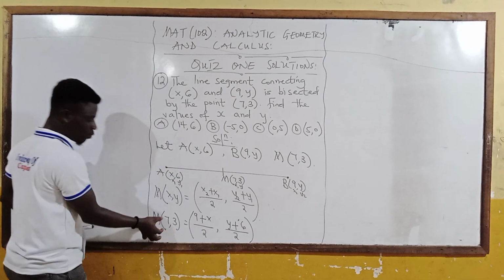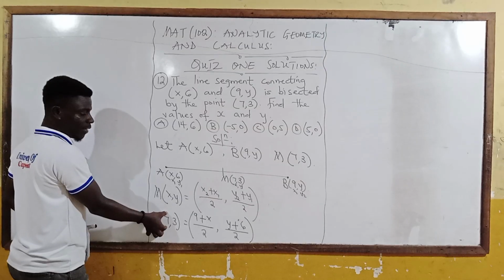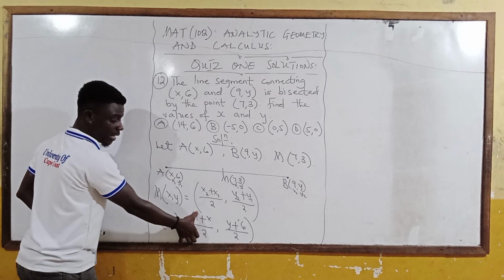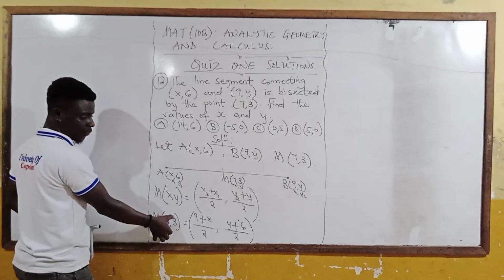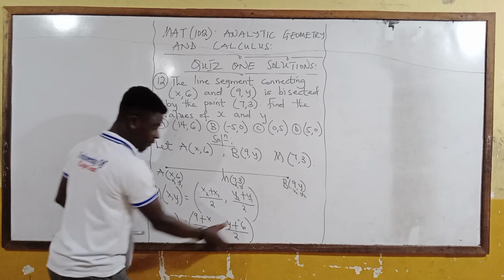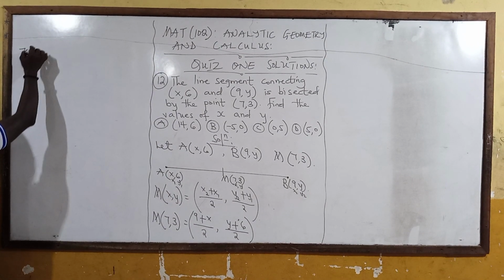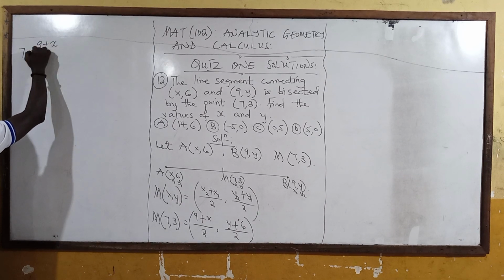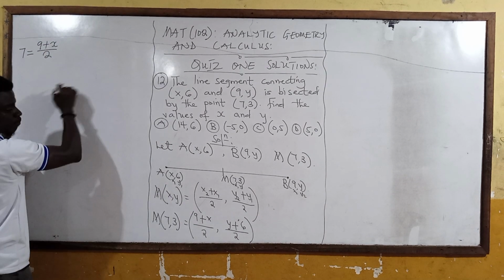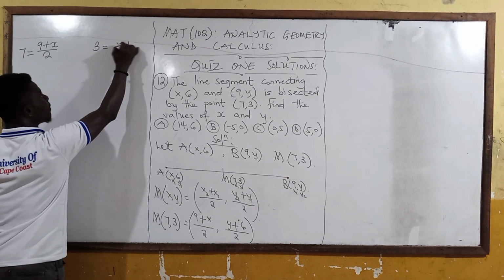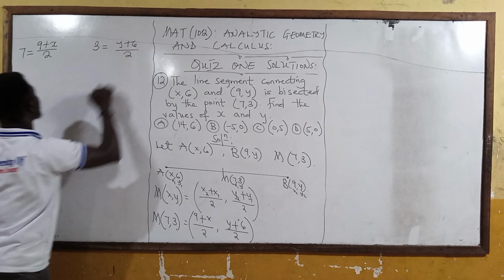So my x is matched to 7, or this 7 corresponds to (9 plus x) divided by 2. Then this 3 corresponds to (y plus 6) divided by 2. So we have 7 equal to (9 plus x) divided by 2, and 3 equal to (y plus 6) divided by 2.